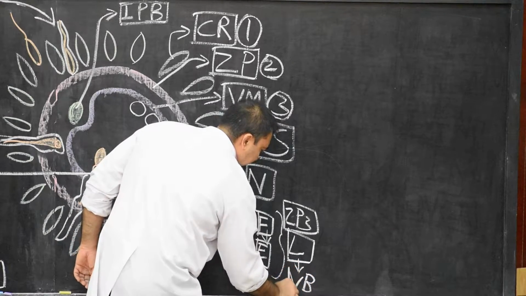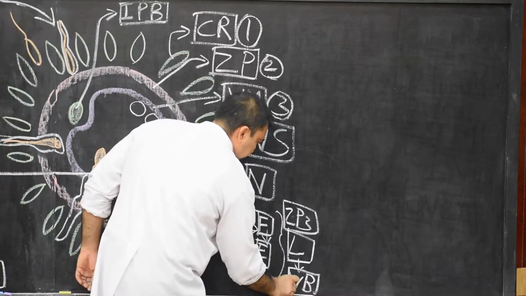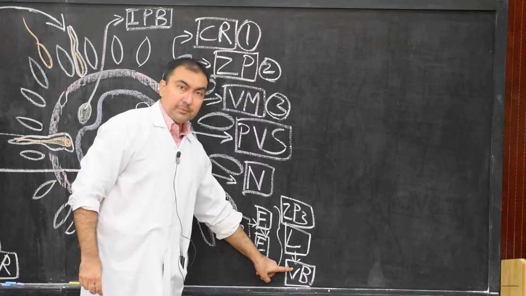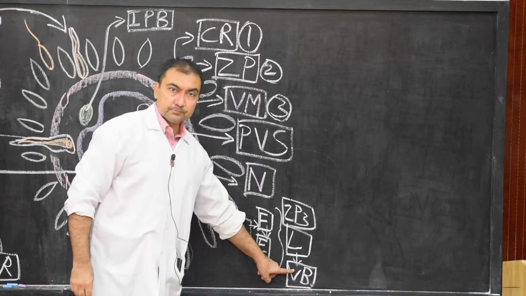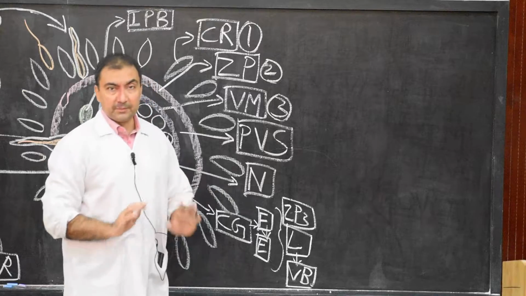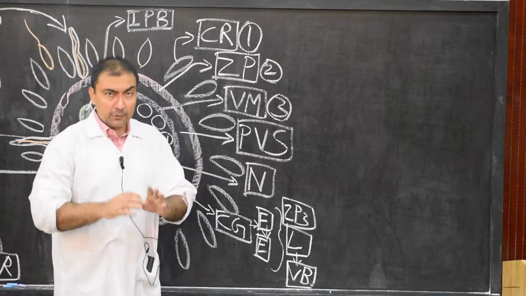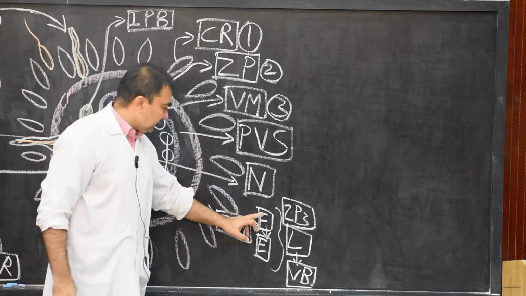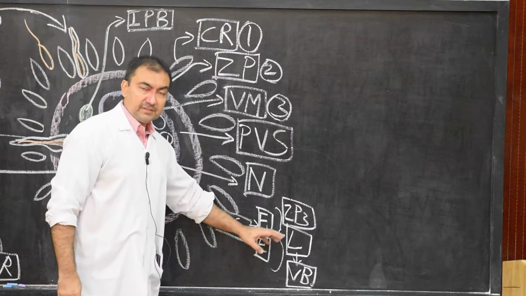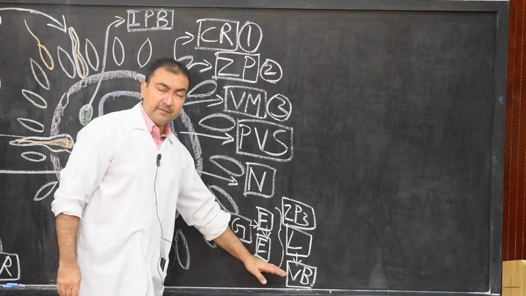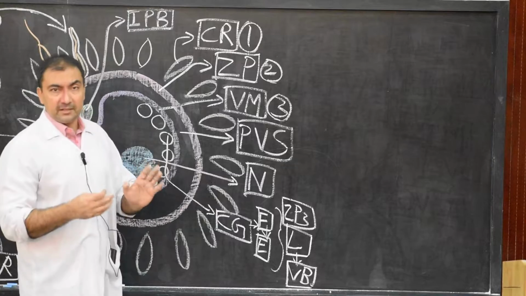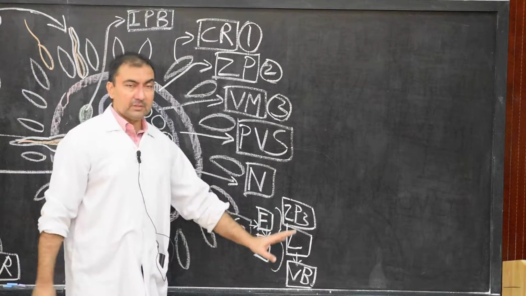I am showing this in a type of flow chart here. This is the vitelline block, which will prevent further polyspermy. Therefore this entire process, right from fusion of cortical granules till release of these enzymes which affect the zona pellucida and vitelline membrane and prevent polyspermy, is known as the zona reaction.